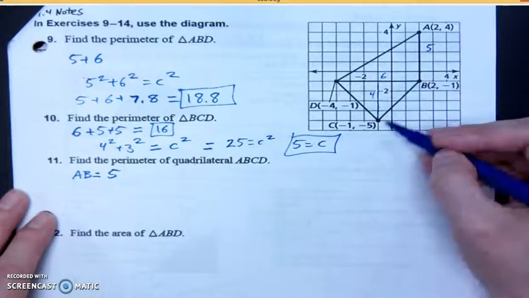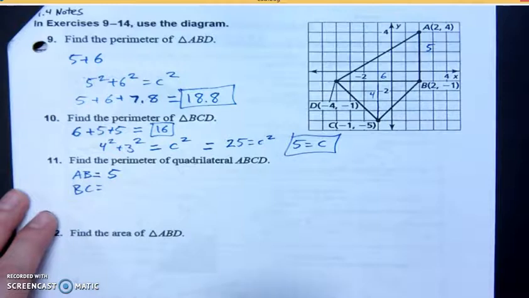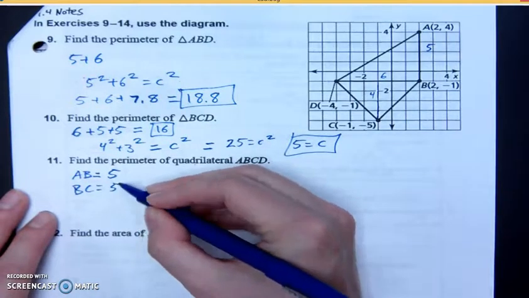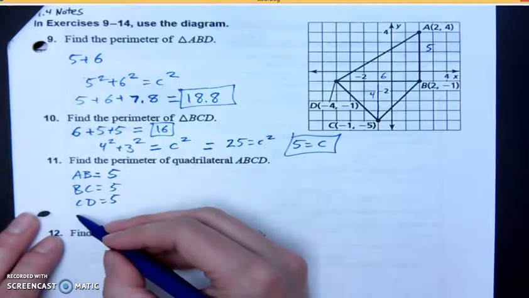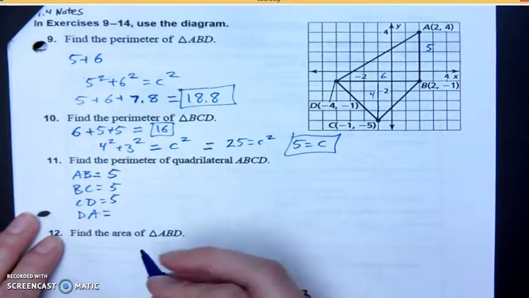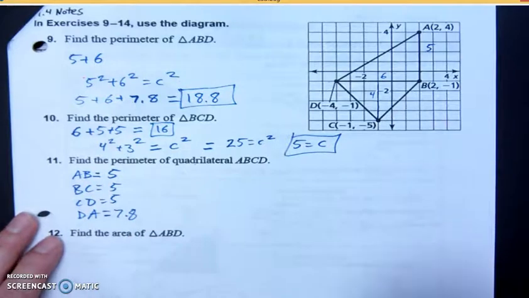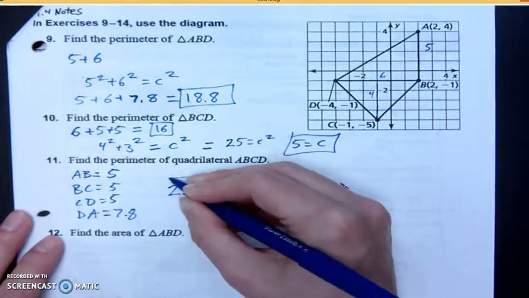How about BC? That we already found. 5. CD is also 5. And then what is DA? So 7.8. And when we add them all together, 22.8.